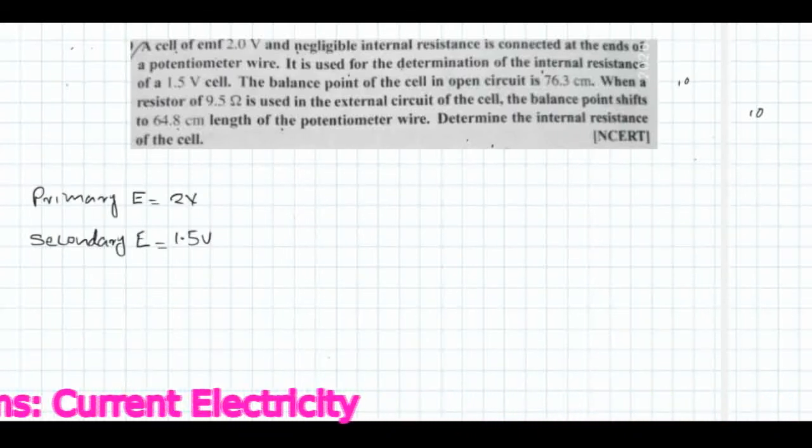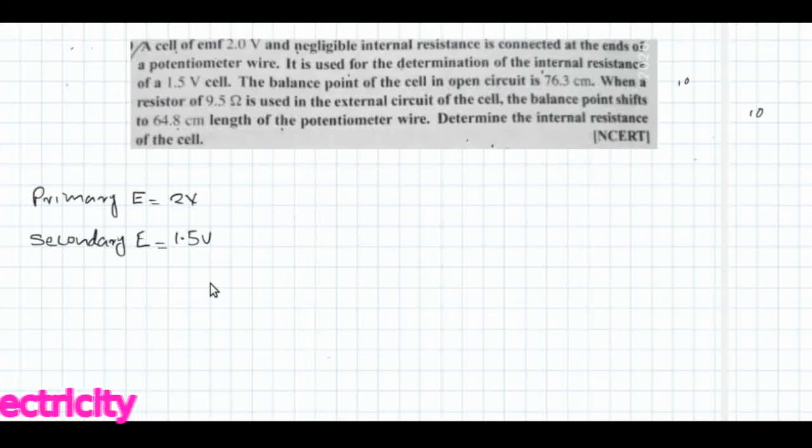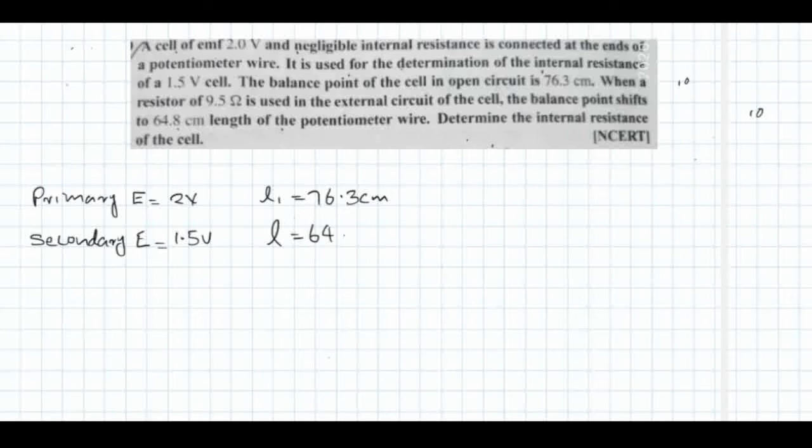So we may list out the data. Primary voltage 2 volts, secondary voltage 1.5 volts. While doing the experiment, we first find the balance length without including the external resistor.